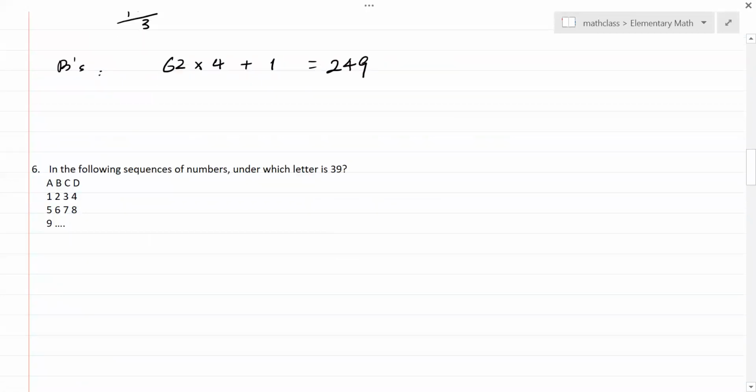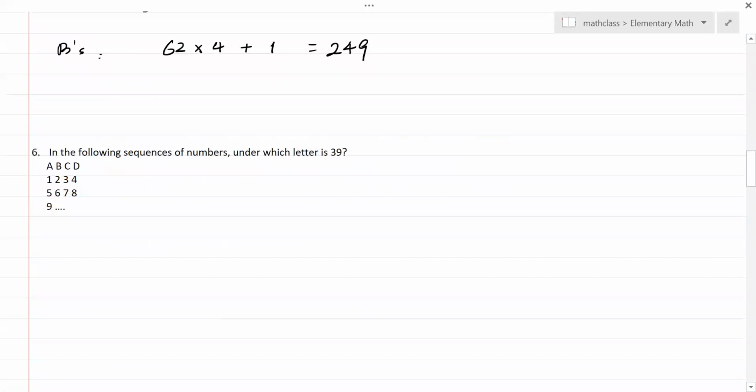Okay, so now let's do the next one. In the following sequence, which letter is number 39? This is a new type of problem, so let me do it for you.